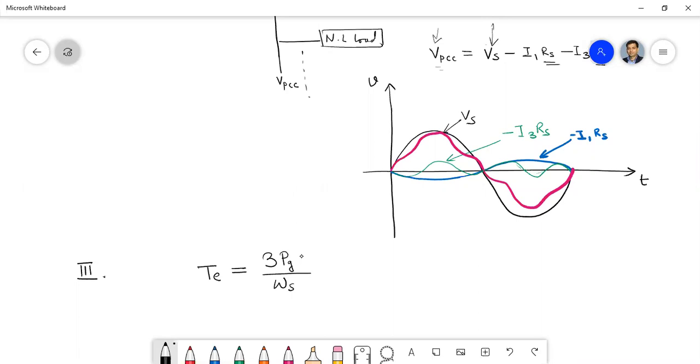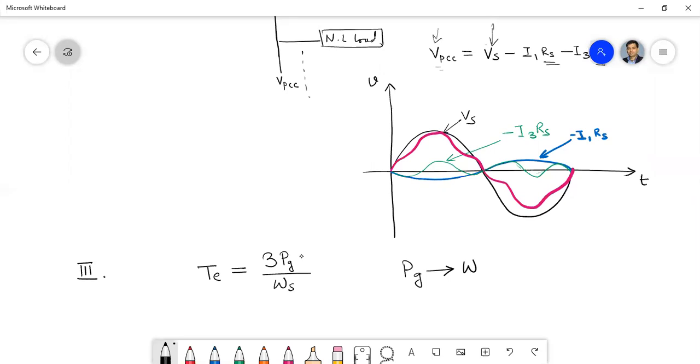Remember. Okay, so here again we have taken this PG. What is the unit of PG? Watt. So that means we have taken the active power.